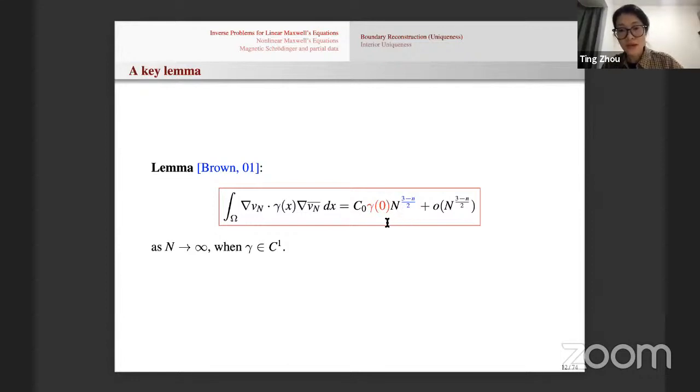Okay, so this way you can extract the value of gamma at 0. Essentially it is the value of the conductivity at the point we're interested in, before we do the change of coordinates. So this is the key lemma we focus on.